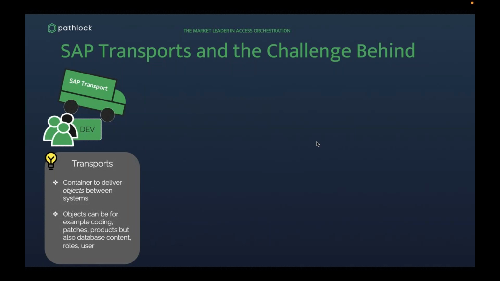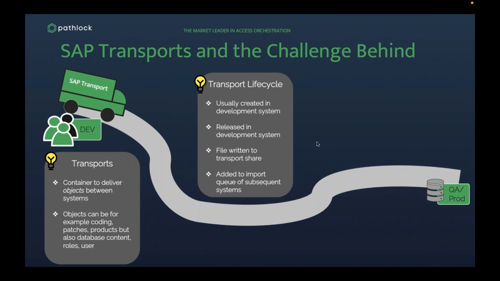What is the life cycle of such a transport? Usually it's created in the development system because, for example, changes on coding will be in the development system, afterwards tested in QA and then delivered to production. But also building roles and so on, everything should be in the development system.